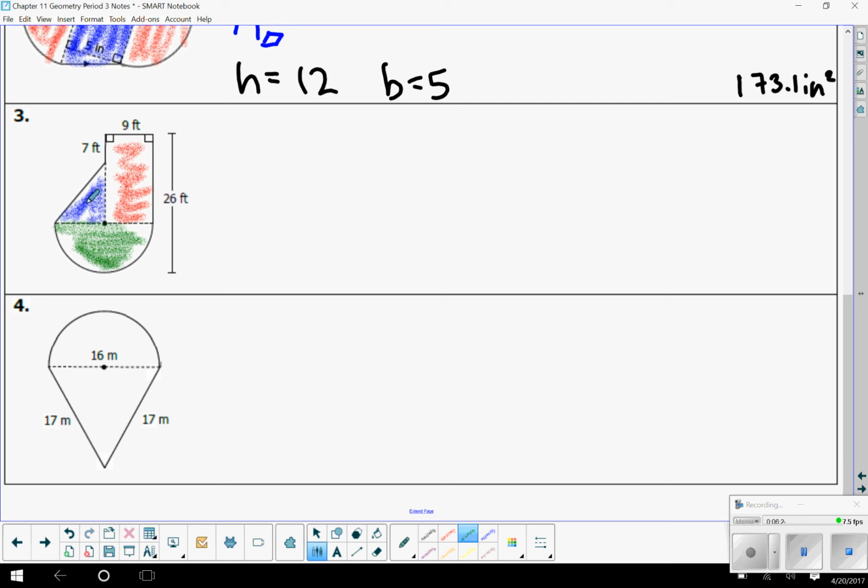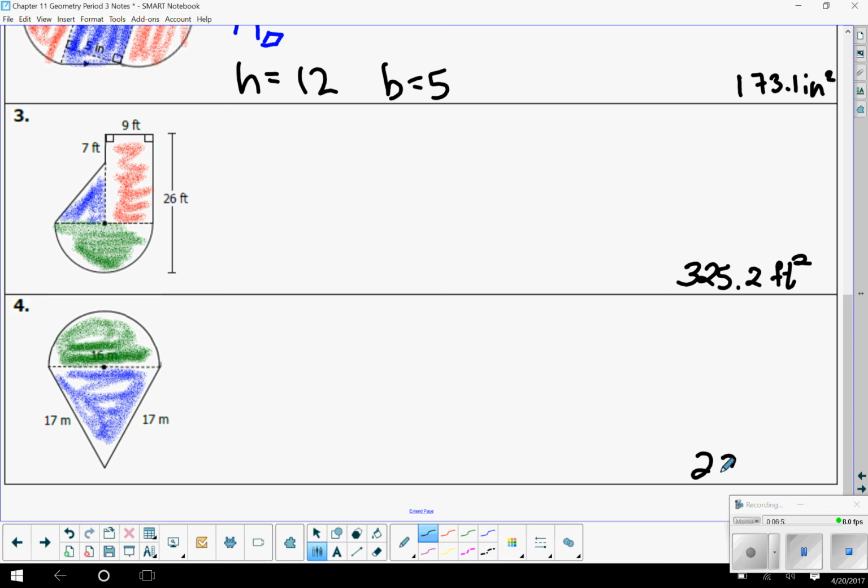For number 4, you've got a half circle and a triangle. Number 3, the answer is 325.2 feet squared. Number 4 is 220.5 meters squared.